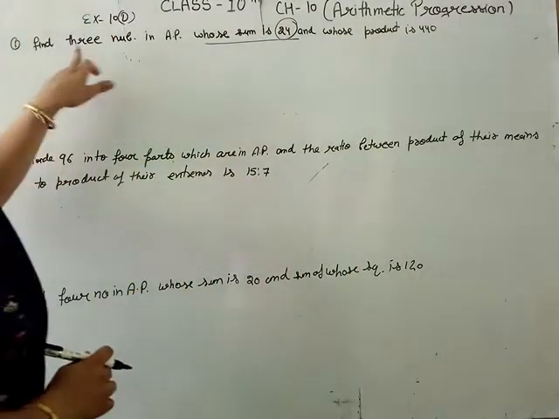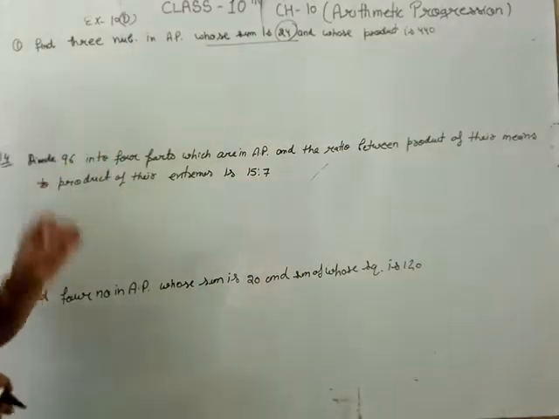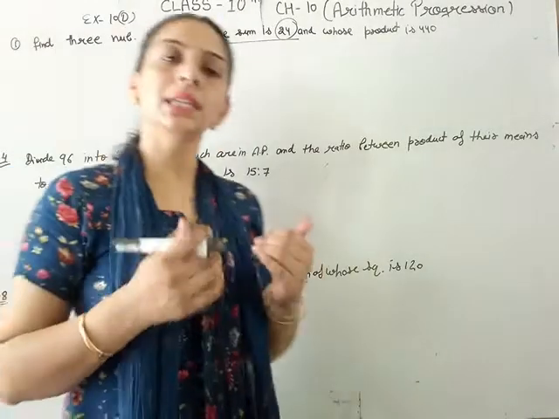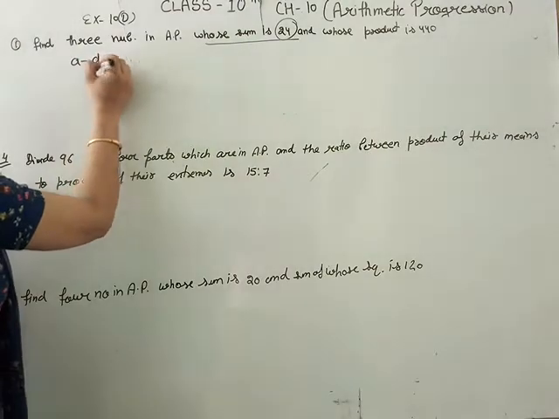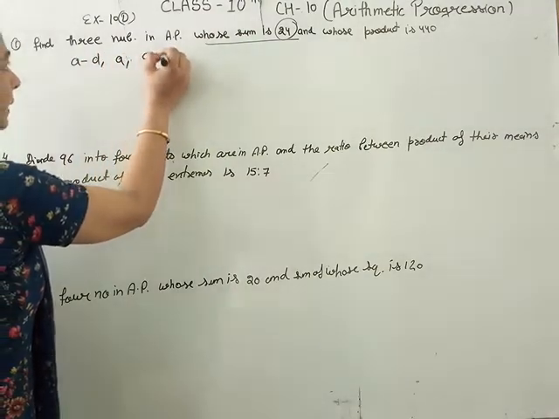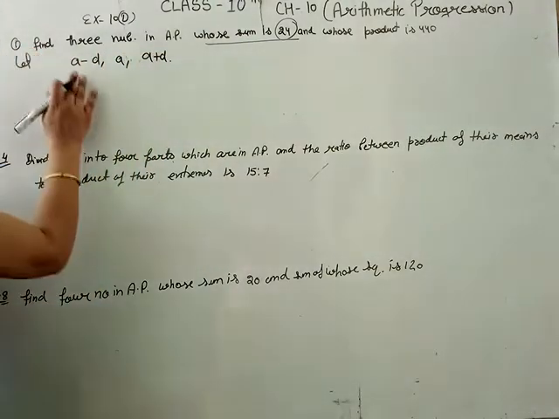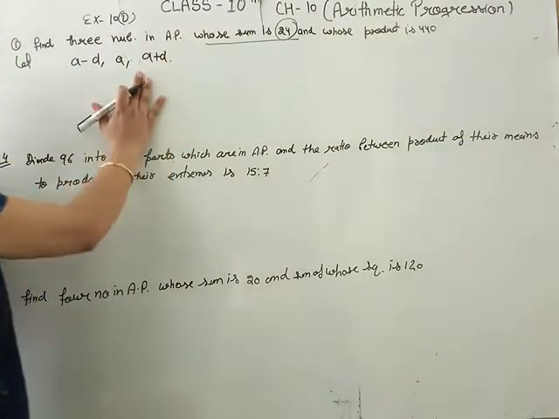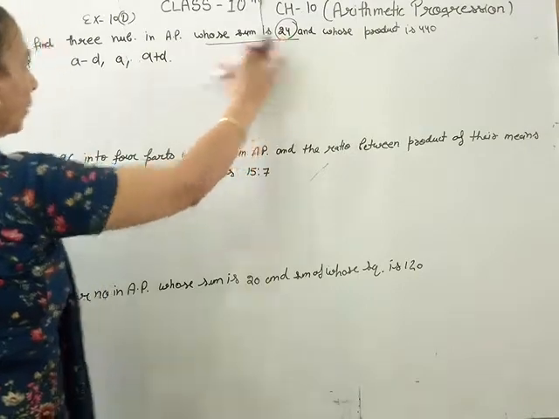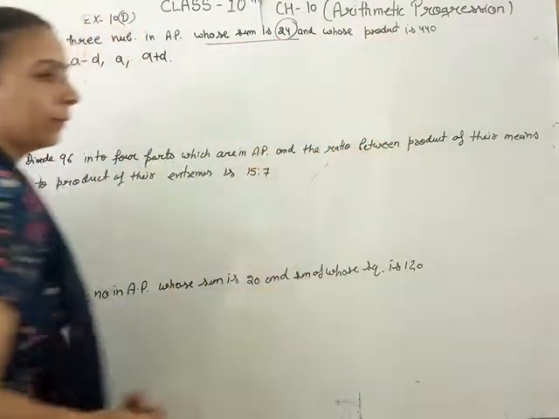When the sum of three numbers in AP is given, then we take which type of term? Then we take A minus D, A, A plus D. Let these be the three numbers in AP, whose sum is 24 and whose product is 440.